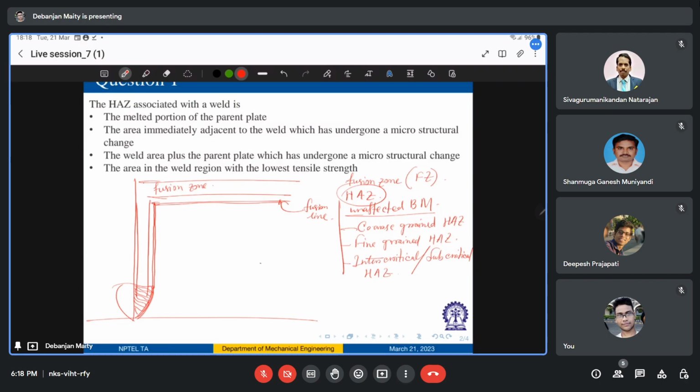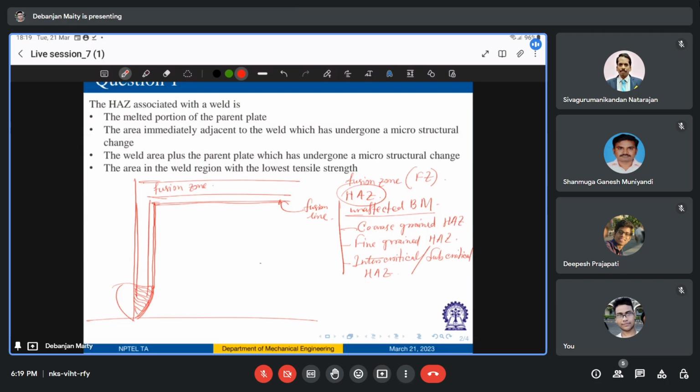So why does coarse grain heat affected zone appear? What is the main mechanism? So coarse grain heat affected zone may happen due to slow cooling. So slow cooling causes the base metal to undergo annealing.